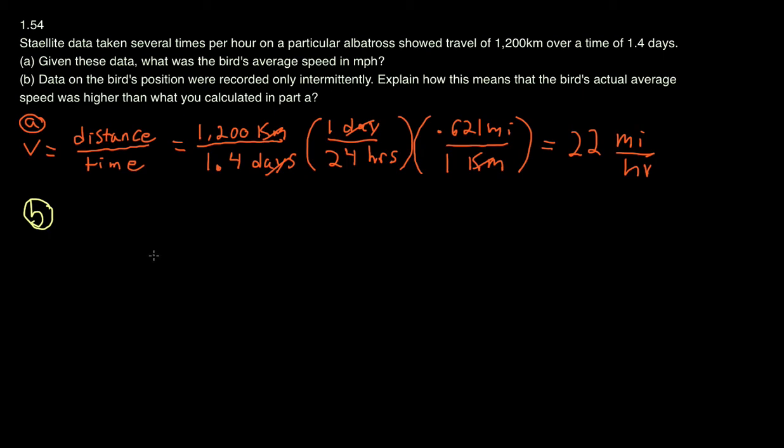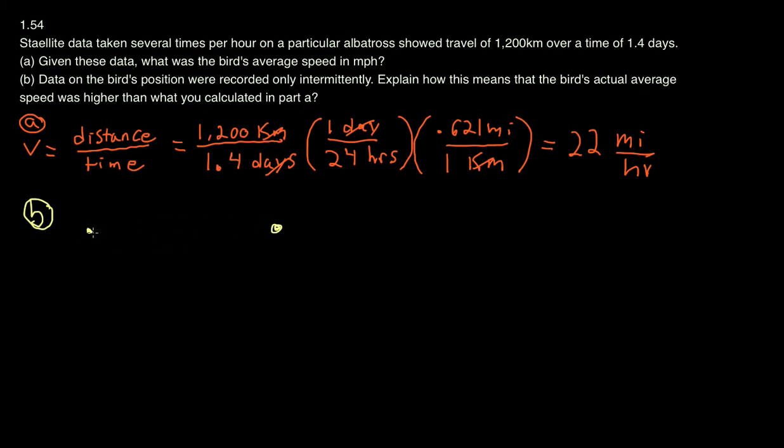So when they collect this position, it's not collected continuously. It's not like there's a little GPS map on the bird's back showing where it's going. Let's just say for this problem, it's collected every hour. So the position is nailed here and then it's nailed over here, over the span of 1 hour. So we'll call it 0 and this is 1 hour.